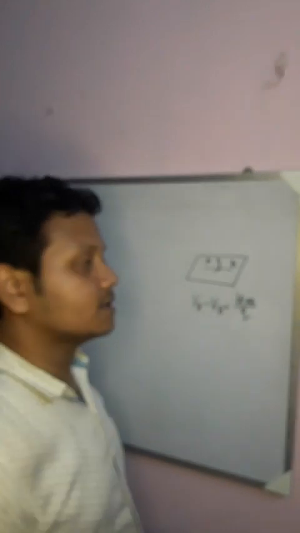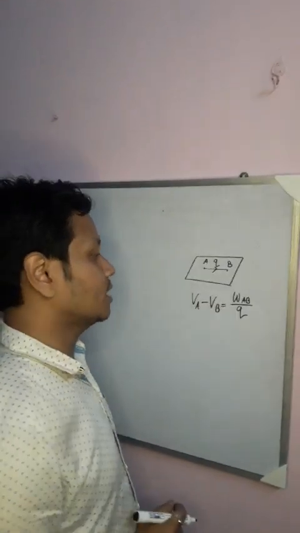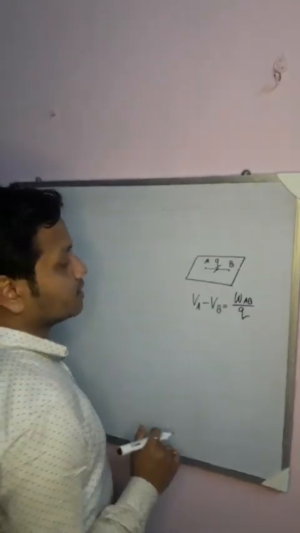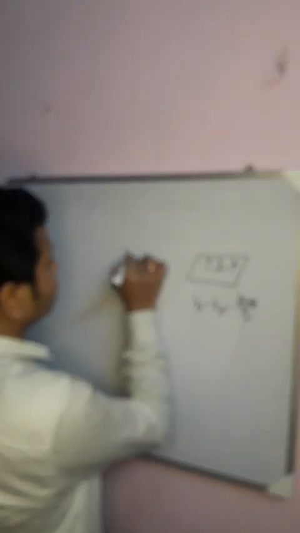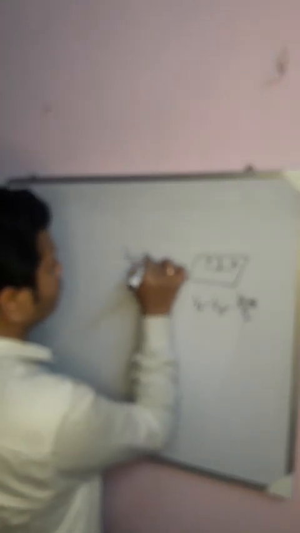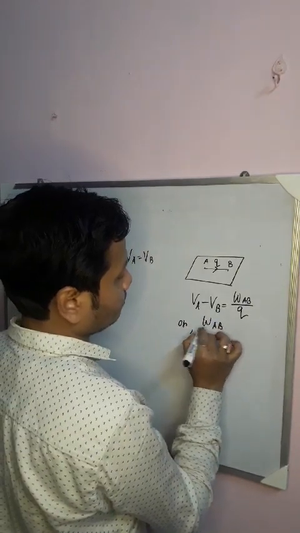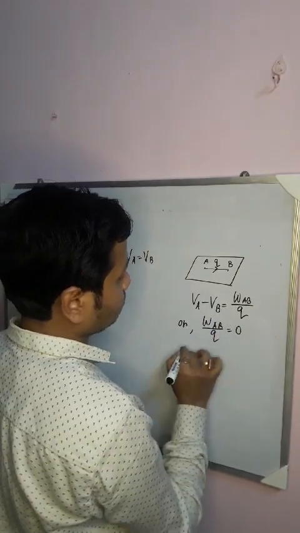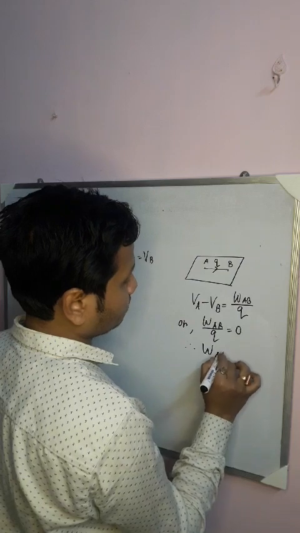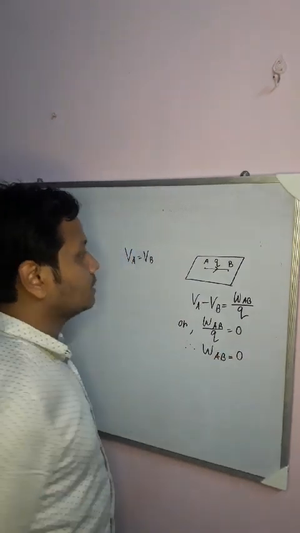because we all know that work done is nothing but charge multiplied by potential. Now from the definition of equipotential surface, we all know that VA equals VB. So WAB by Q is simply 0. So my WAB will be 0.